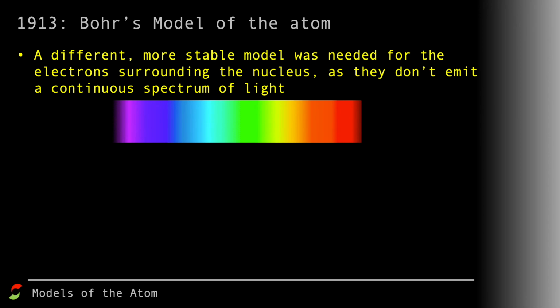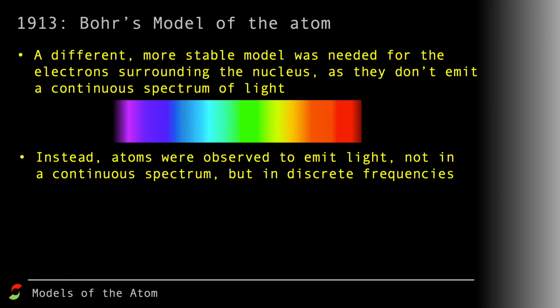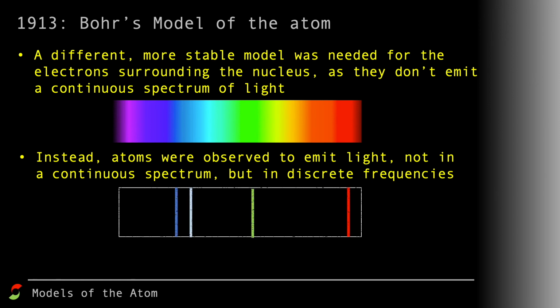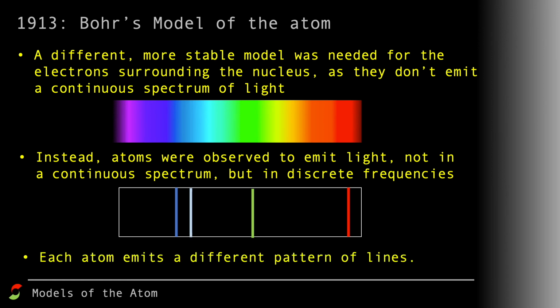Because instead, when we excite atoms, we observe not a continuous spectrum of colour, but discrete colours or discrete frequencies. And each of these emits a different pattern of lines, a little bit like its own fingerprint. And we see these lines when we look at stars, when we do experiments in the laboratory.